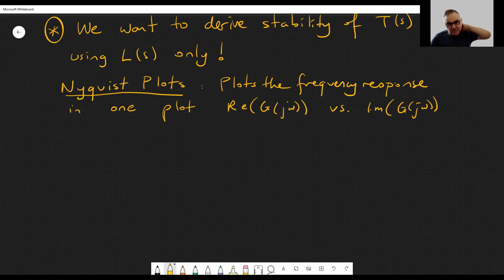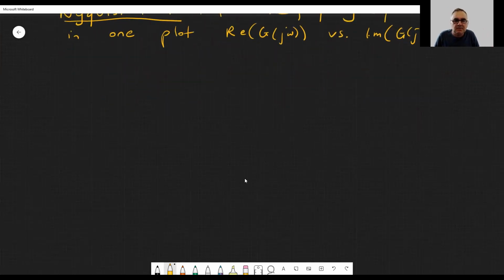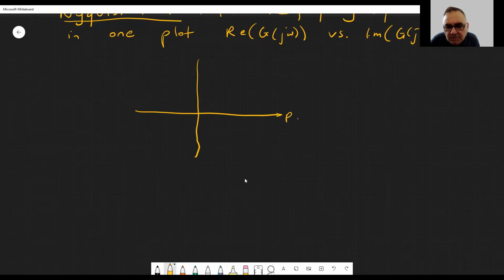It's not very important. The Nyquist plot is just a single plot of a system. We are not going to use it. I'm just going to show it to you: the real part, and this is the imaginary part. The Nyquist plot of a transfer function is simply a curve like this.